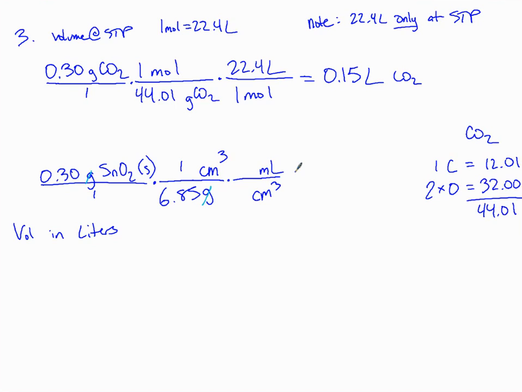This is not a difficult one to remember. It's the same. 1 cubic centimeter is 1 milliliter. And we want it to be in liters. 1 liter is 1,000 milliliters. Then it goes into the calculator, 4.4 times 10 to the minus fifth liters.